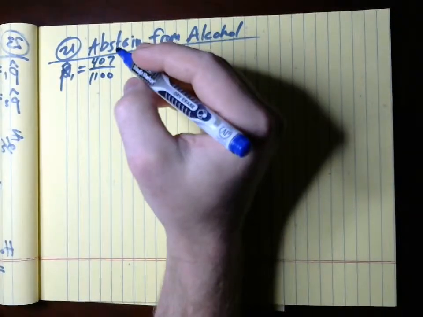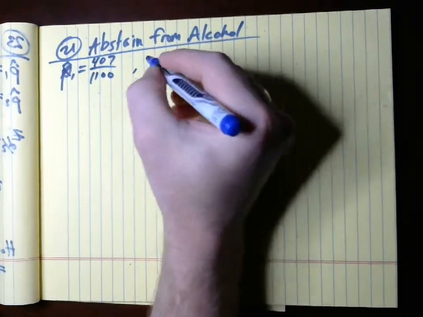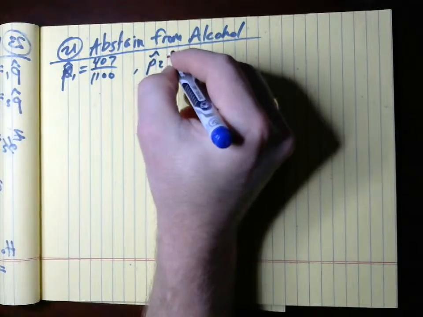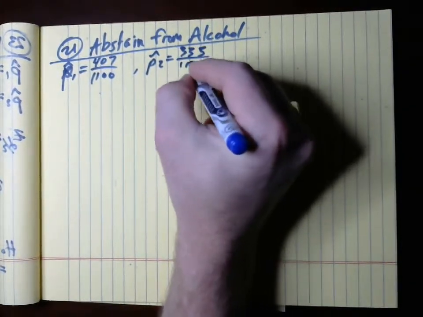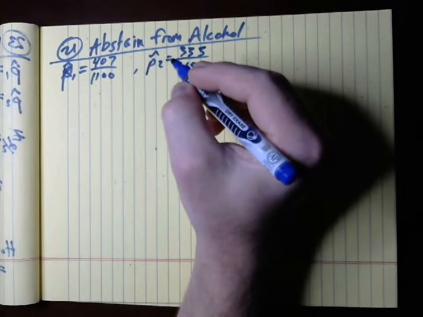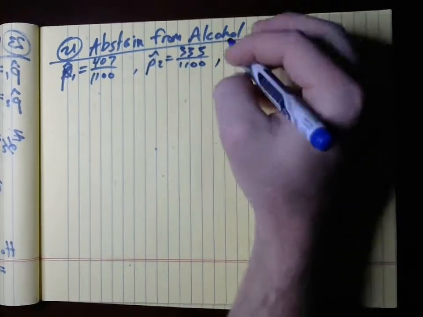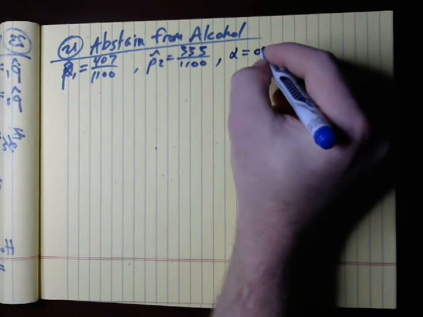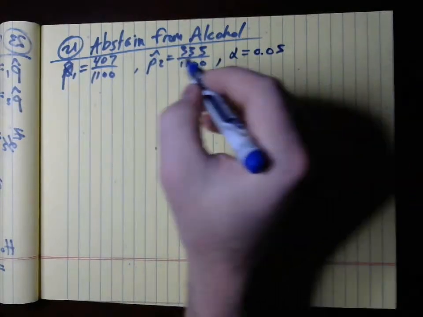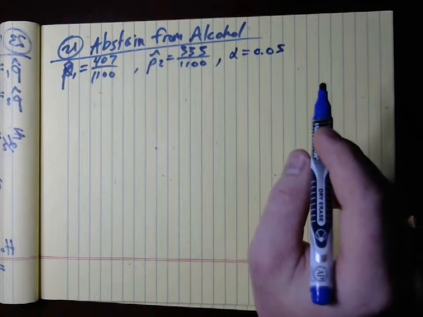And then we would see 333 divided by 1100. And then we also see alpha equals 0.05. There are the three pieces of information.